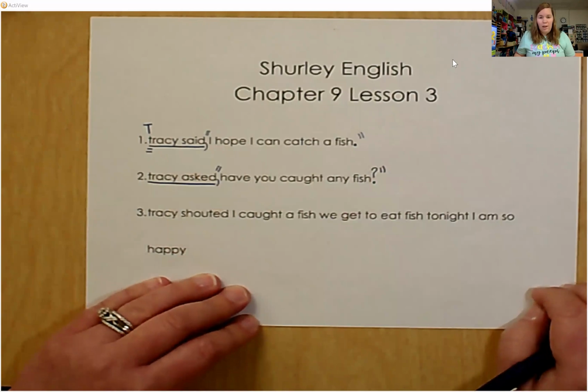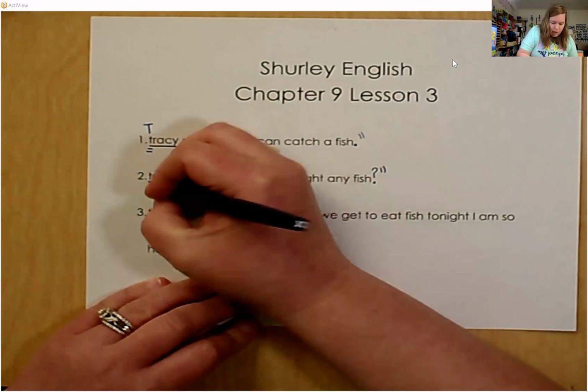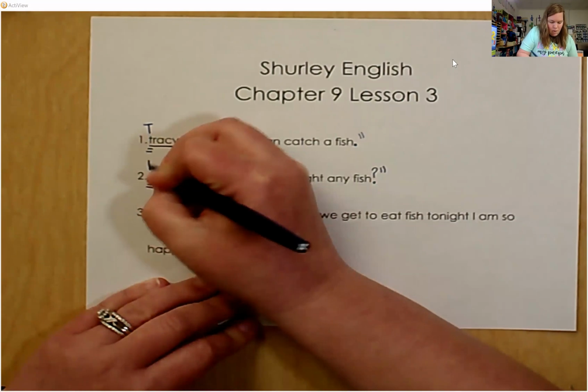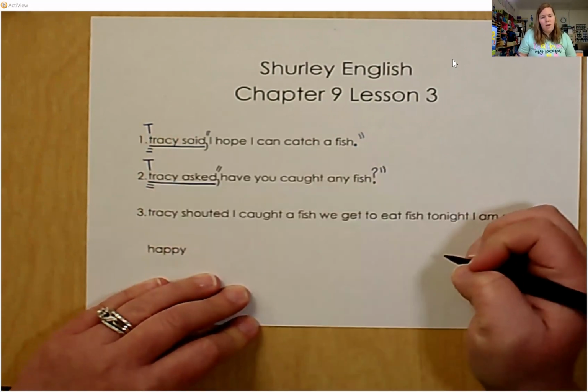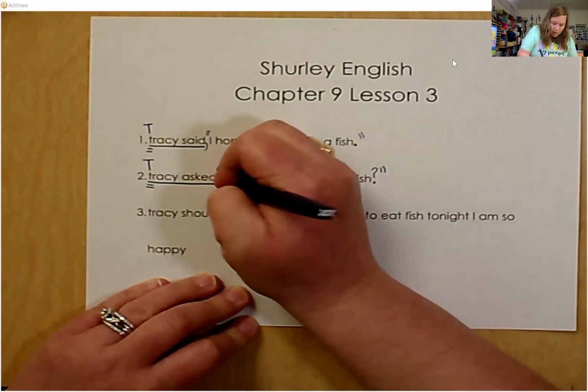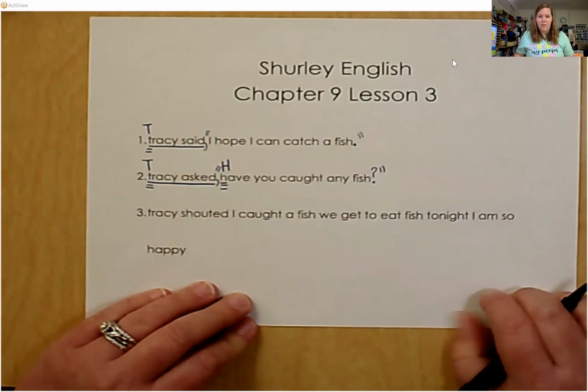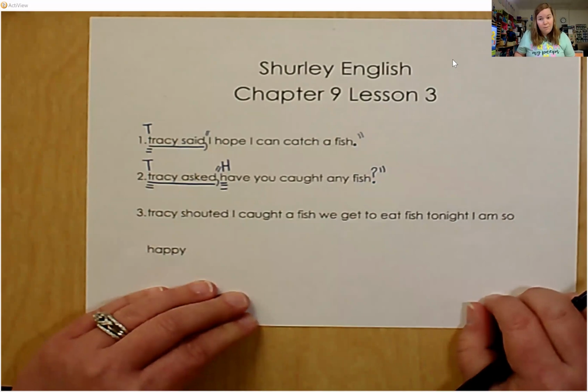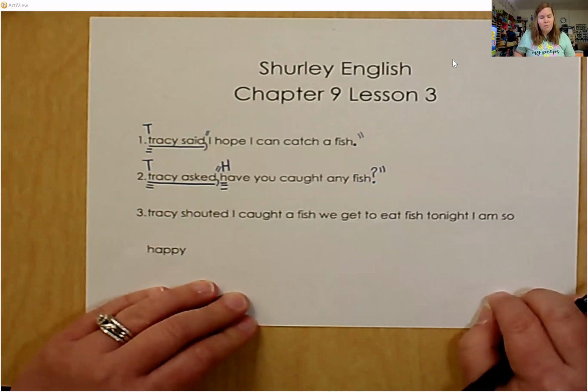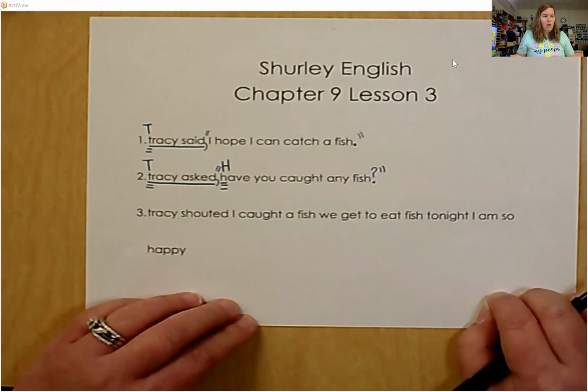Now we need to go back and capitalize. So Tracy needs to be capitalized. And have needs to be capitalized. Tracy asked, "Have you caught any fish?" That is all of the changes there.